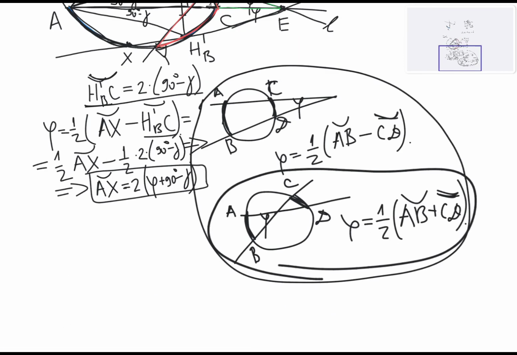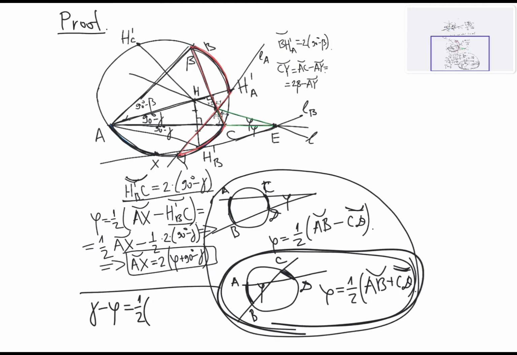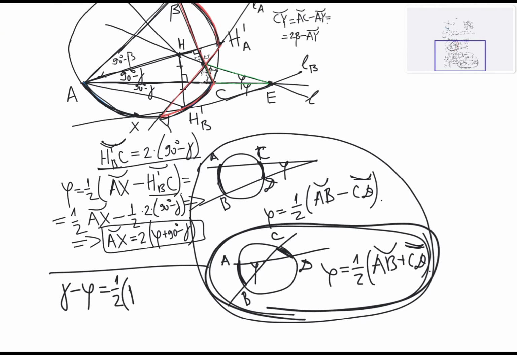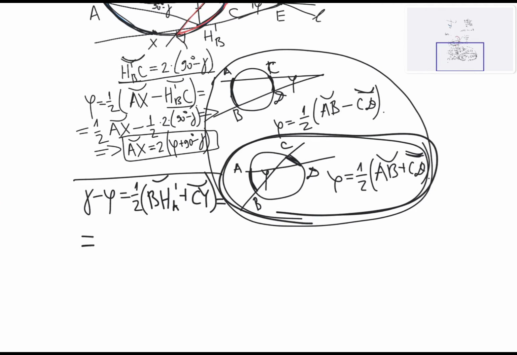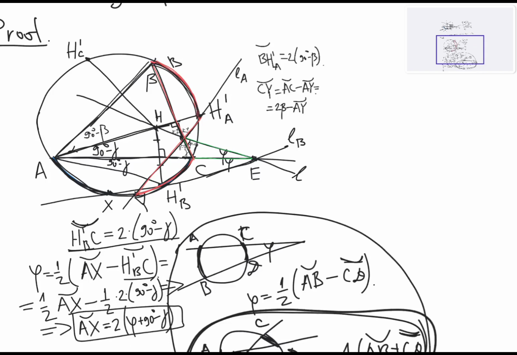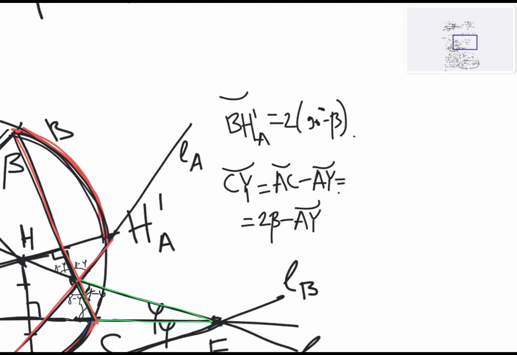By this theorem, the angle gamma minus phi is equal to 1/2 of the sum of these two arcs, BHA prime and CY. Now we substitute these arcs.